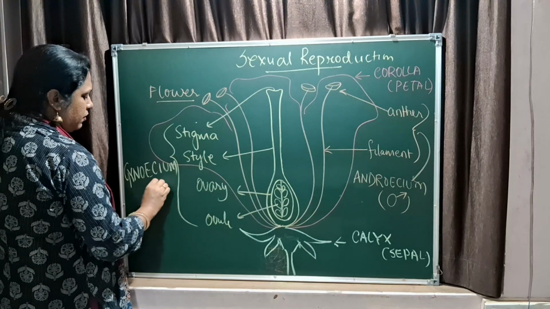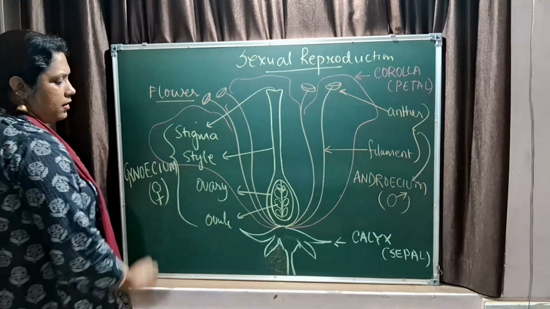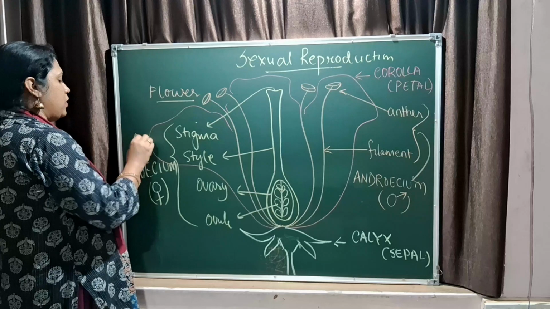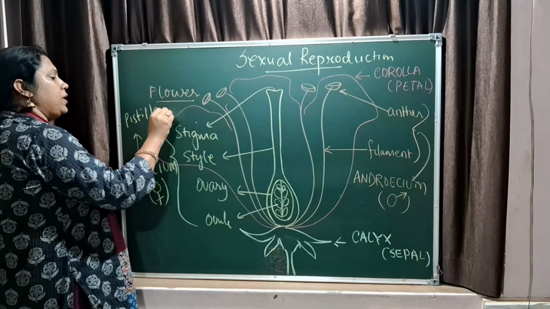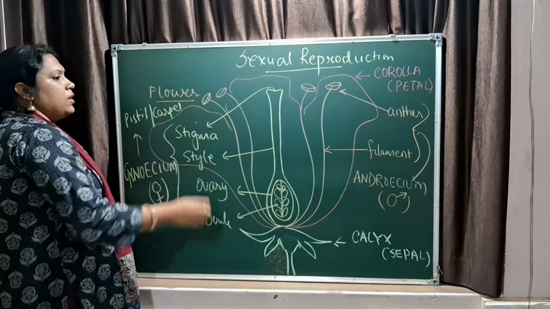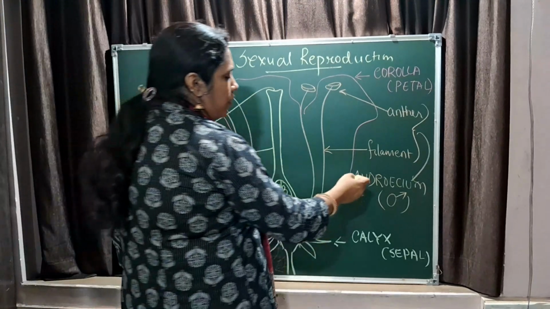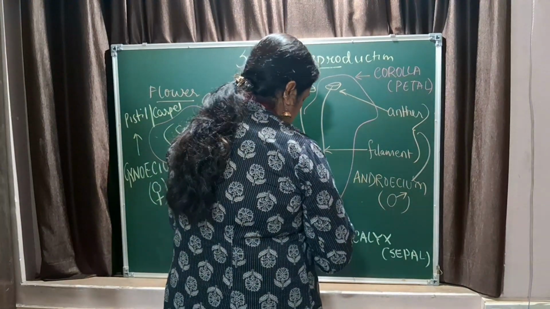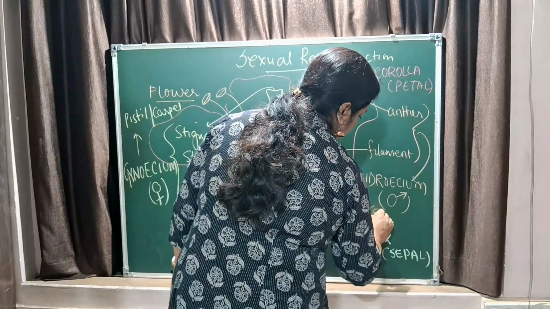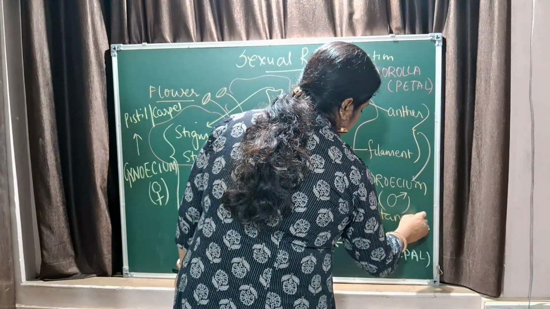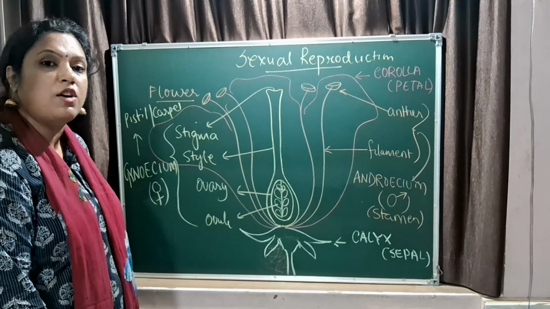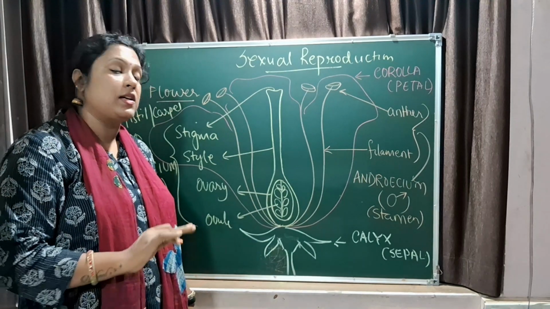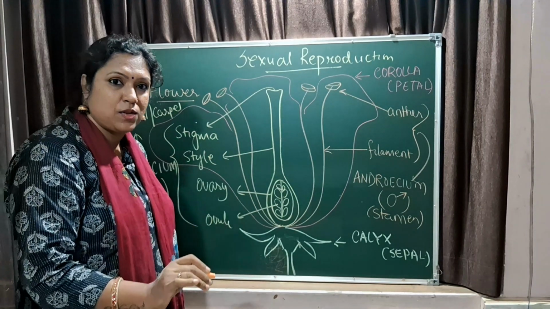Gynoecium is the female part of the flower. The single unit of gynoecium is called pistil or carpel. Similarly, the single part of the androecium is called the stamen. Is that clear? I hope this diagram tells you everything. This is the basic structure of a flower, a complete structure of a bisexual flower.